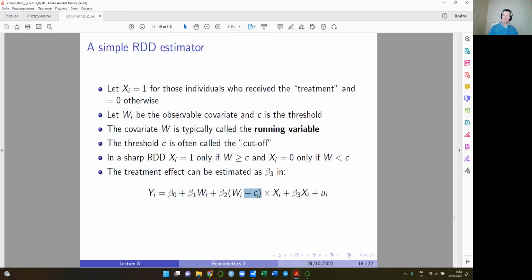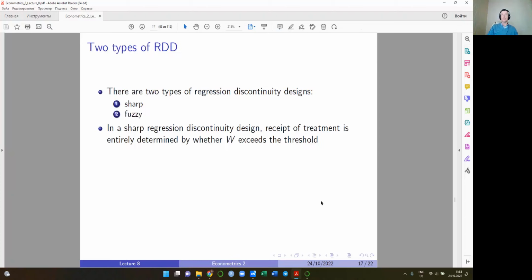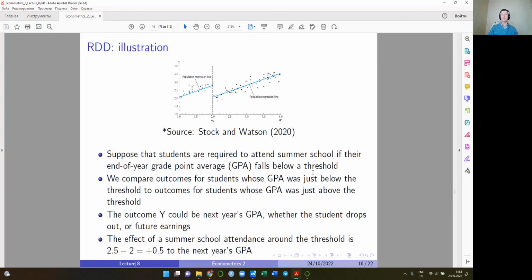Why is this minus c necessary here? Look, beta 2 times c is the part of a threshold. Sorry, the part of the intercept. So therefore, the intercept is going to be beta 0 plus beta 3 minus beta 2 times c. Please, just to make this line slightly below, like here.